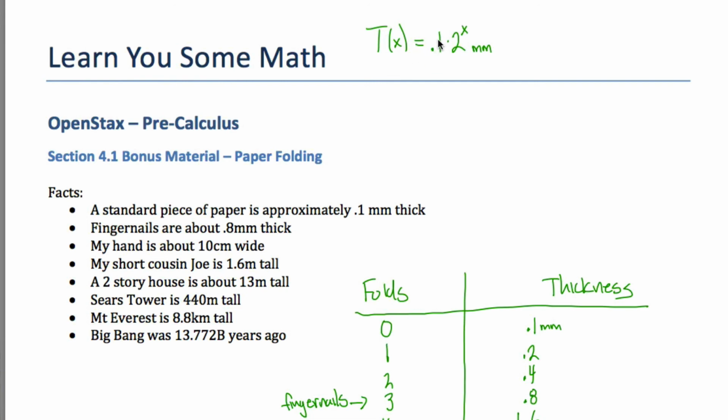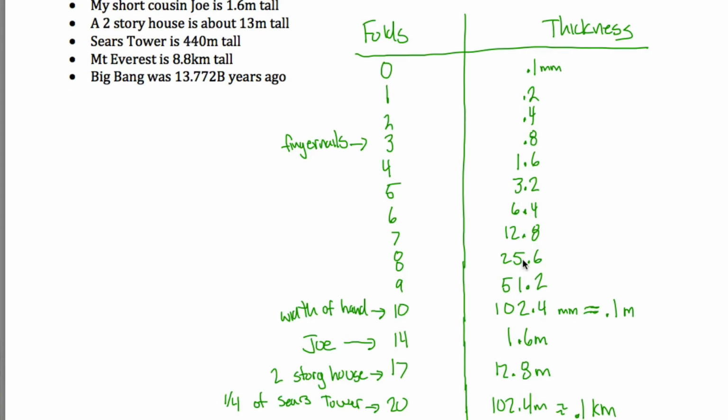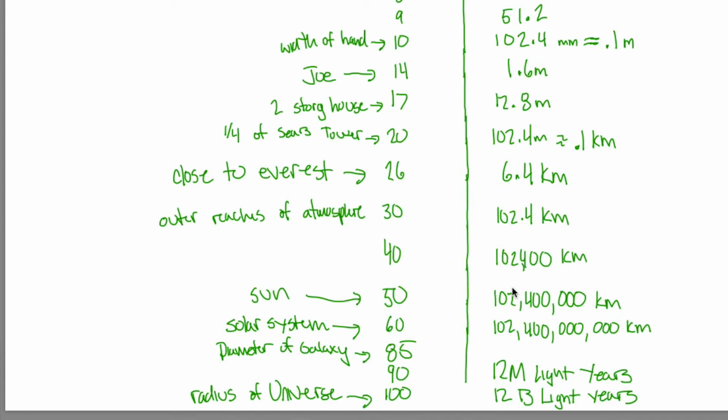Something that starts out really small gets really big in a relatively short period of time. 0.1 times 2 to the 100th power is ridiculous. T of 100 is huge. Really, T of 50 is huge, but T of 100 is super huge. It is essentially the number of millimeters that the universe is wide. Yeah, crazy.